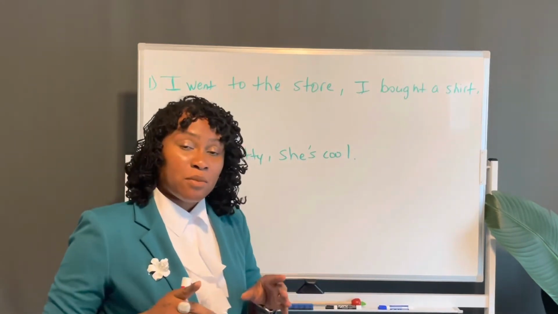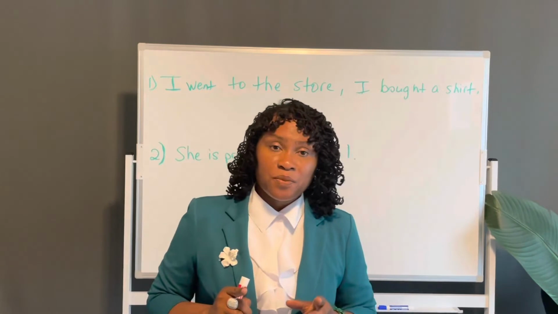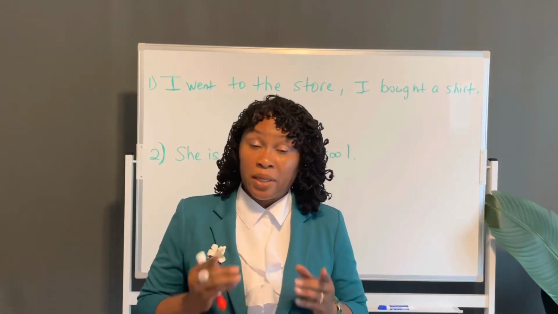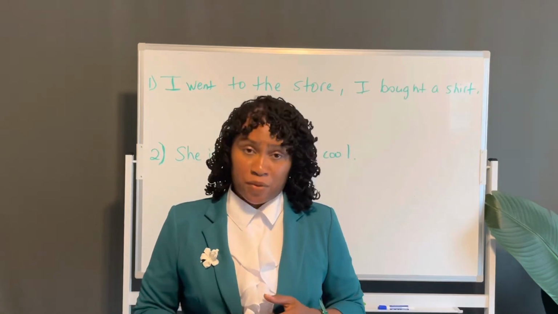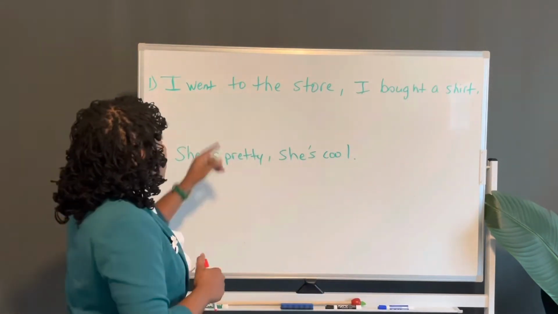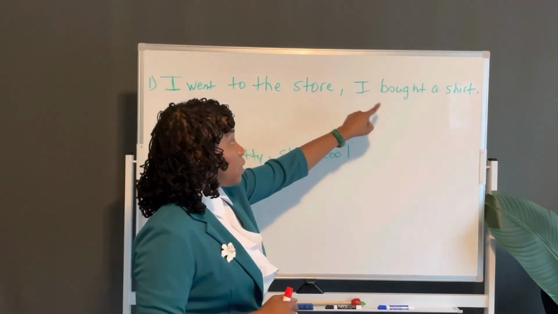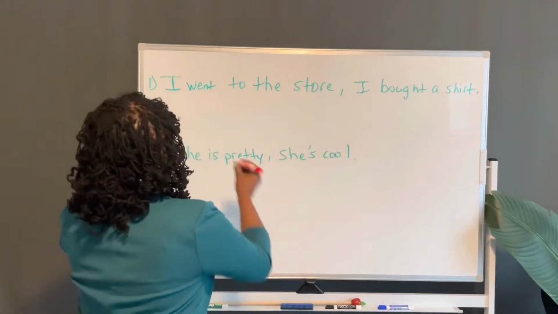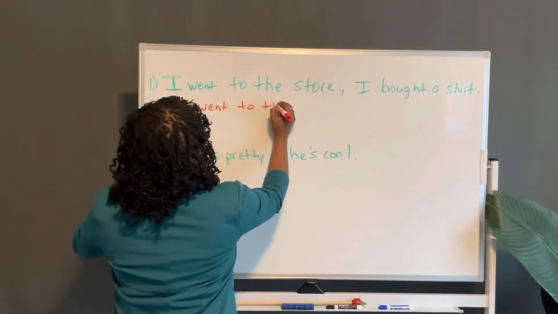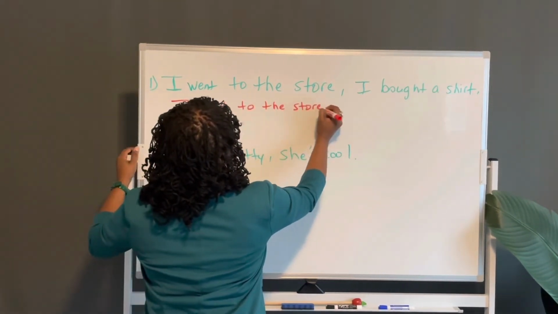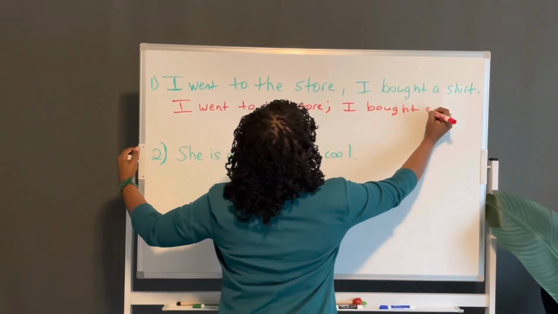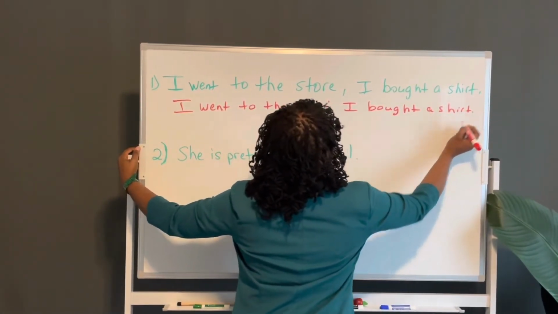Before we continue, like I said, a complete sentence or an independent clause has a subject and a verb. Now, I went to the store, semicolon, I bought a shirt. You can put a semicolon there.